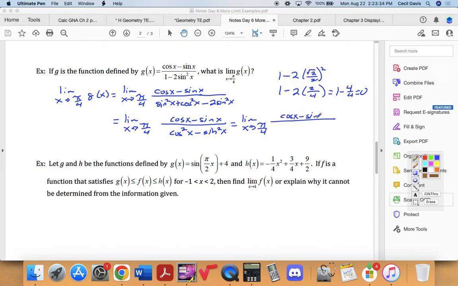Cosine x minus sine x over, I can factor this to cosine x plus sine x times cosine x minus sine x. And now I can reduce that. And now it's not 0 over 0, so we can just do a direct substitution. We can evaluate that function.